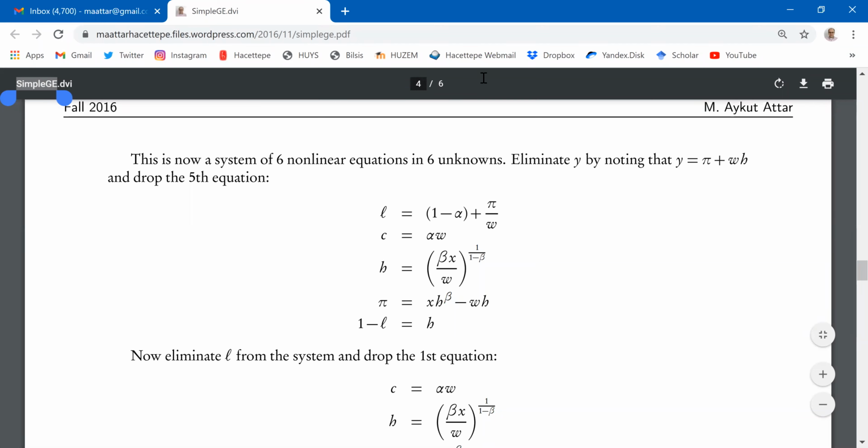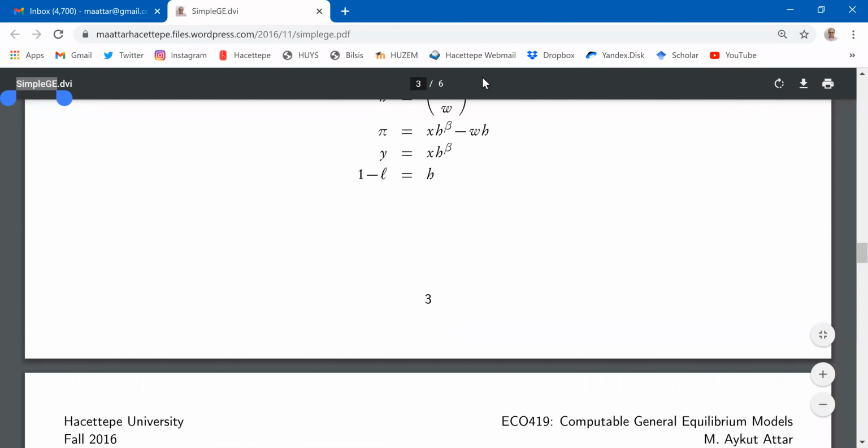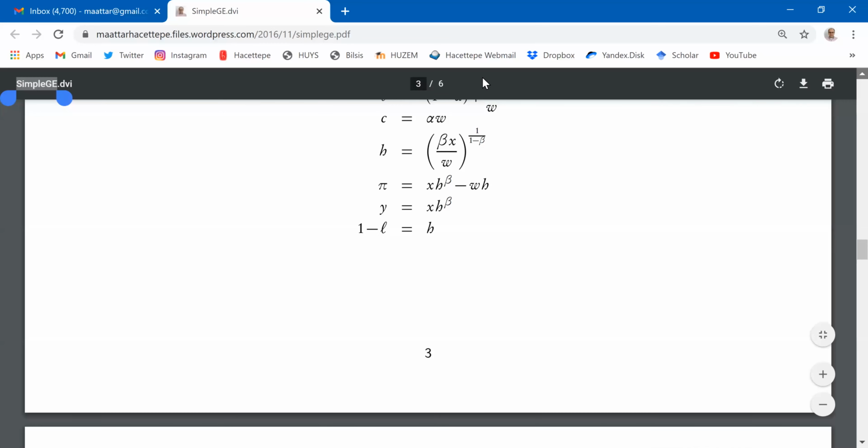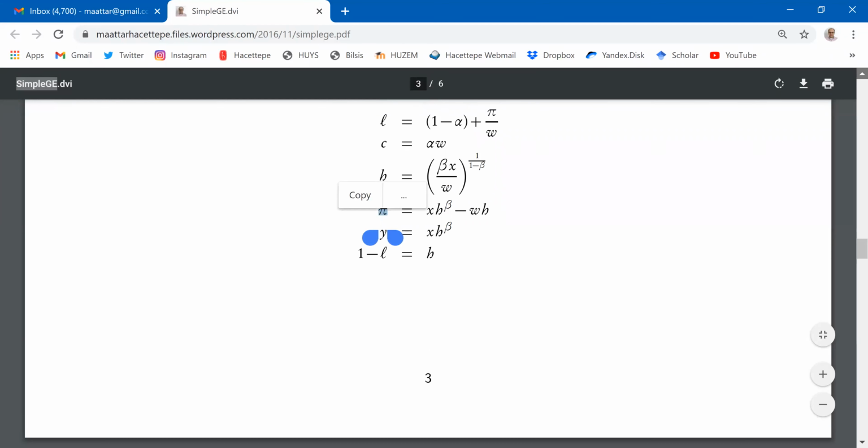Wage income is WH, profit income is pi. So income, which is equal to output, with price normalized to 1, is this. So you can eliminate Y, and you can drop the equation you see here.